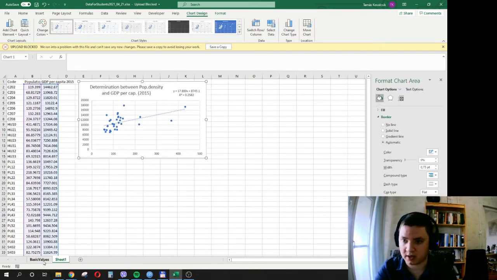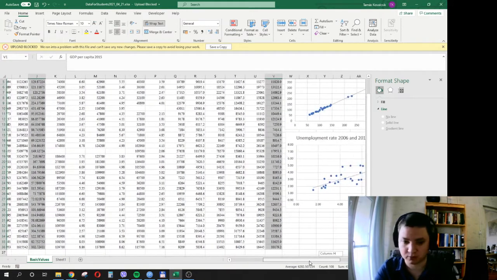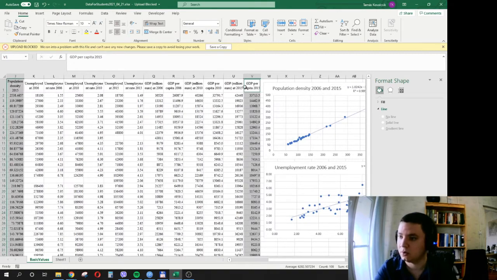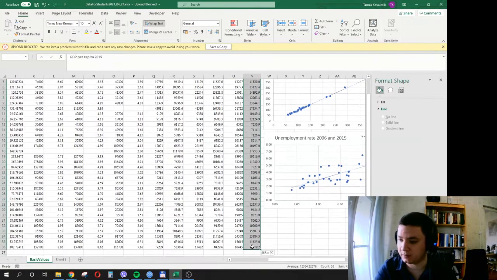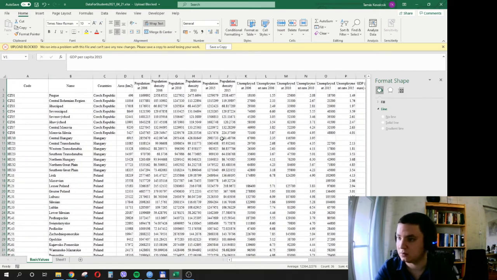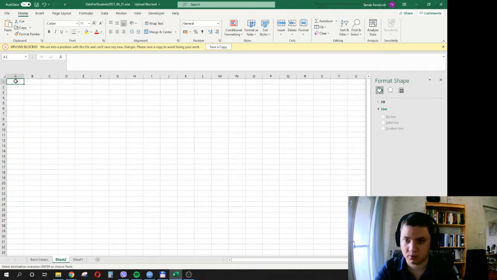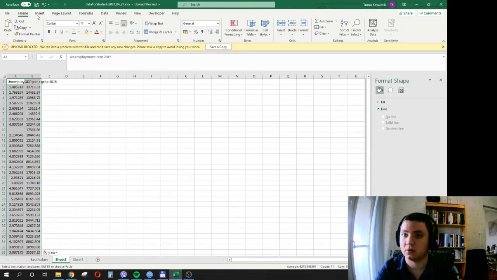And we can make such a calculation for the GDP per capita and the unemployment rate as well.